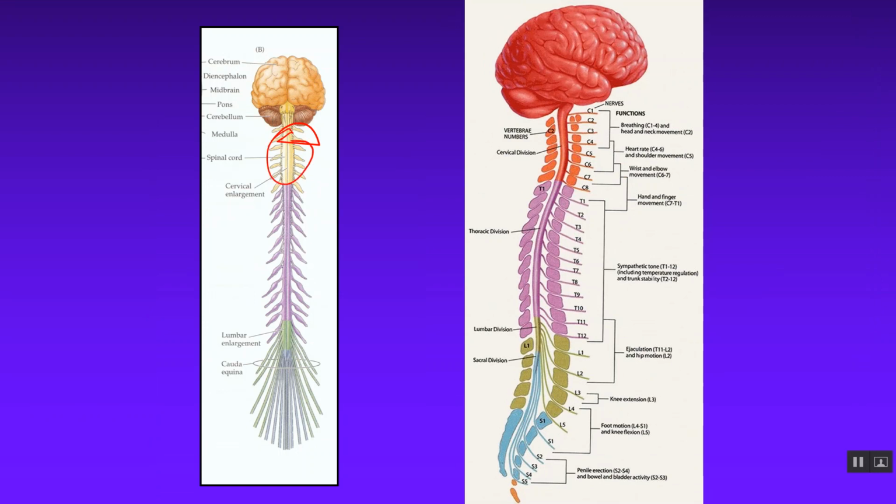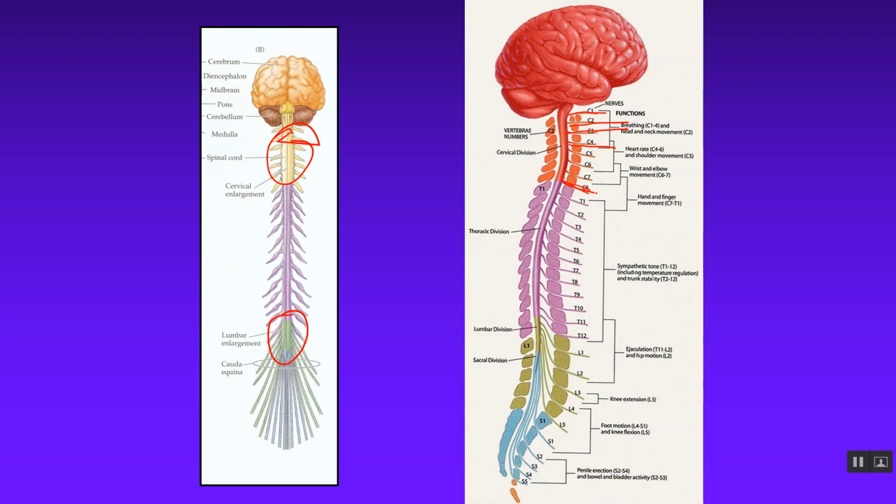Cervical enlargement, lumbar enlargement. And remember, that's because you have a lot more stuff coming in and out of there, sensory and motor stuff coming out for the limbs and the extremities. From a sagittal view, looking at the spinal cord sitting in the cervical spine, a key thing to remember is that the nerve roots come out above their vertebral level. So you have no C8 vertebra, but you have a C8 nerve root.